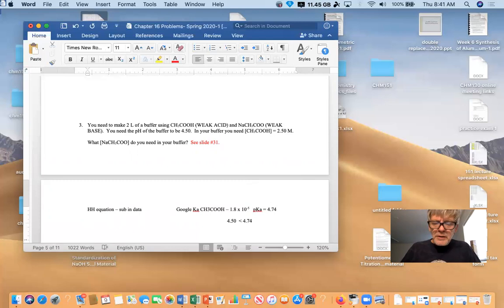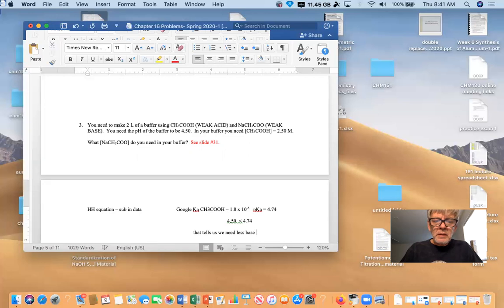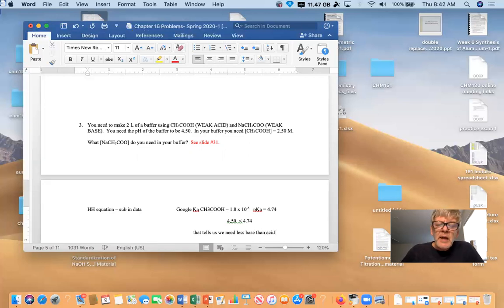That tells us we need less base than acid because we're at a more acidic pH. So when you do the math, you should come up with a smaller value than 2.5. So you can kind of double check that you're going in the right direction.